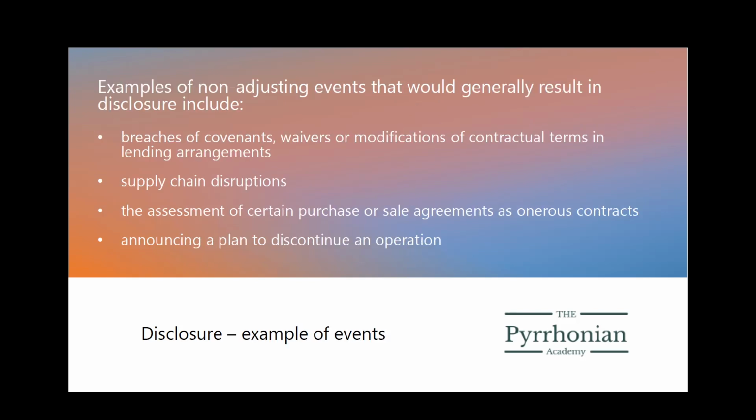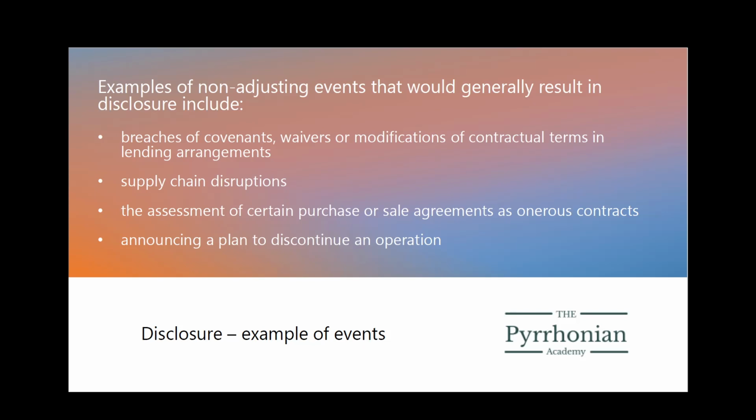And here we have examples of non-adjusting events that would generally result in disclosure. These are the events that may have or will have a financial effect in the subsequent period. So we have breaches of covenants, waivers, or modifications of contractual terms in lending arrangements.